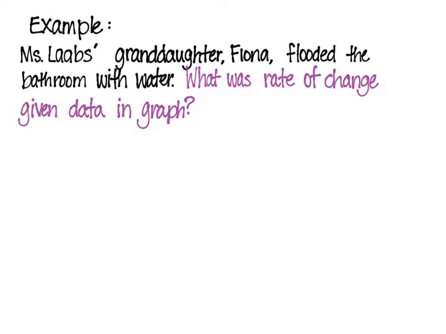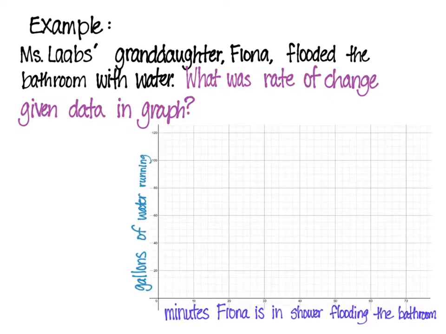And we're going to look at it by the data that's in the graph. So here's a graph, and it's important to recognize what I have on the y-axis. It says gallons of water running. So this is in gallons. And on the x-axis down here, it says minutes Fiona is in the shower flooding the bathroom. So these are minutes, and this is gallons.